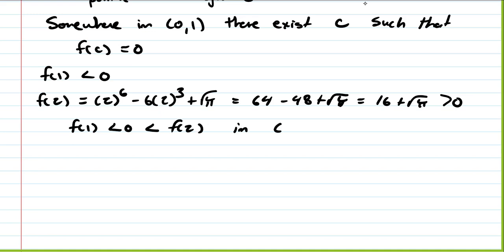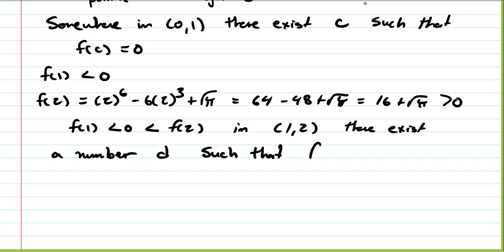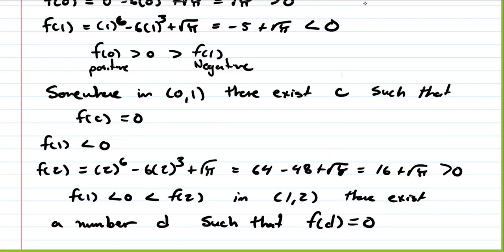So in the interval 1, 2, there exists a number, I'm not going to call it C because we already used that, D, such that f of D is equal to 0. So graphically, what does that tell us? This graph has x-intercepts between 0 and 1, and it has an x-intercept between 1 and 2.